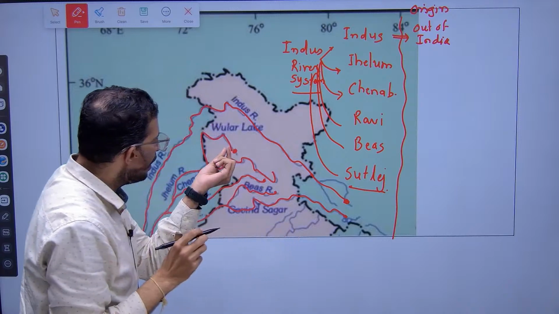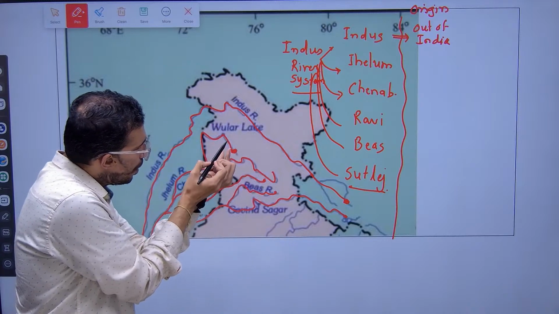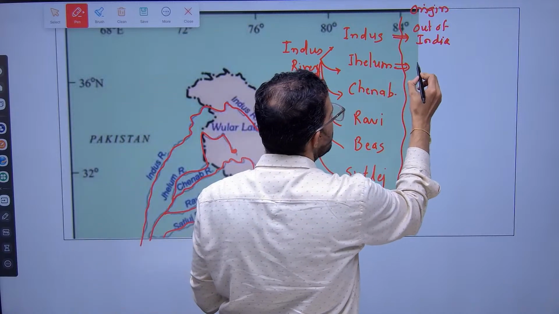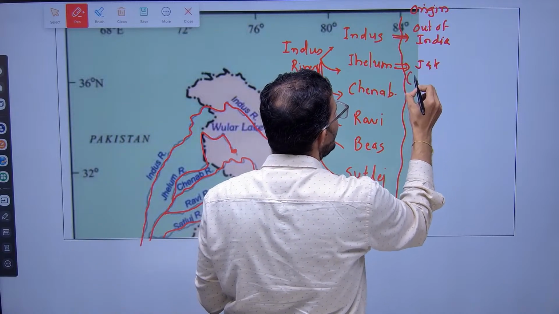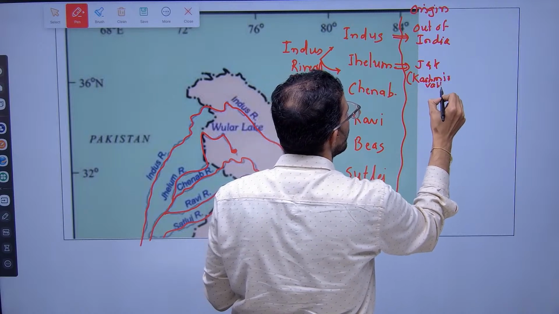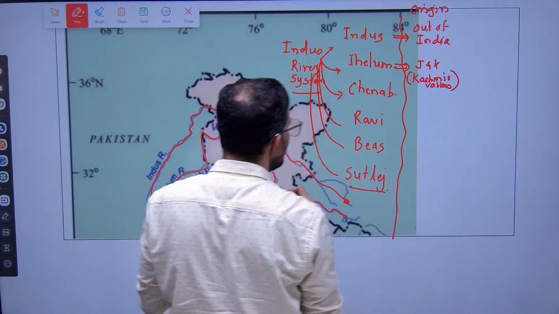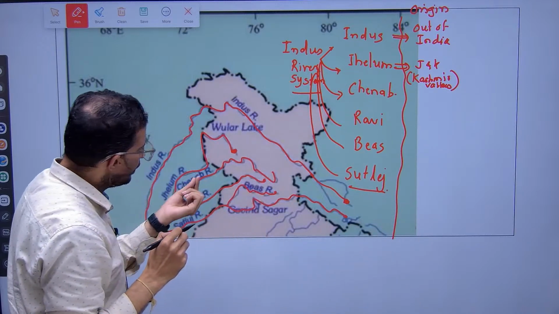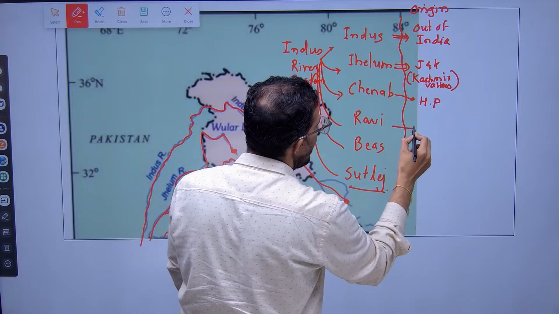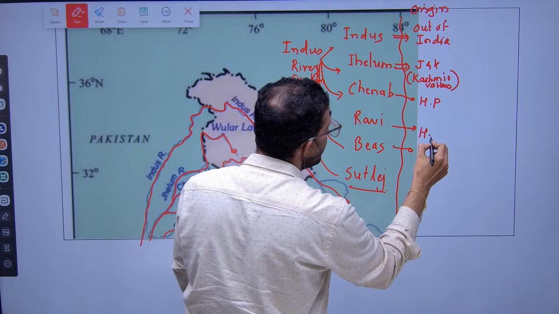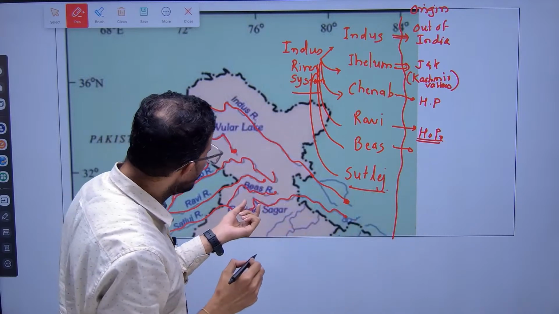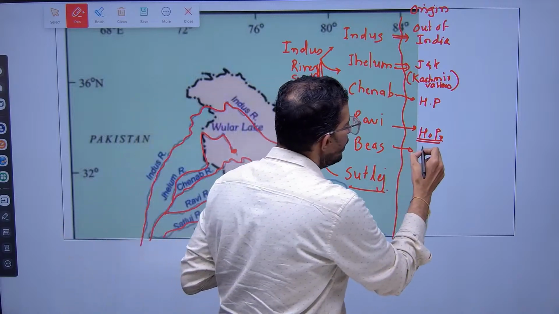Then what about Jhelum? This Jhelum river originates in India, in Jammu and Kashmir, particularly the Kashmir Valley. Then the Chenab river originates in Himachal Pradesh. Ravi and Bias also originate in Himachal Pradesh, near Rohtang Pass.